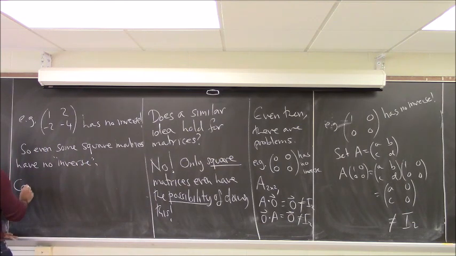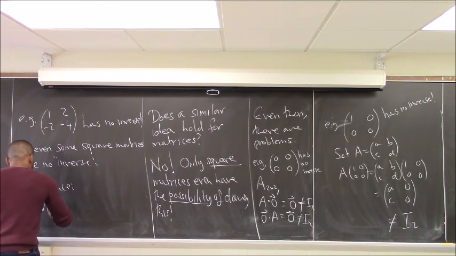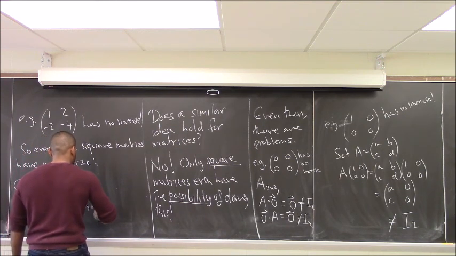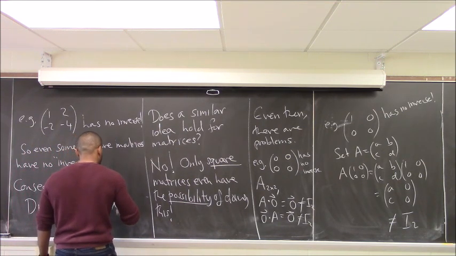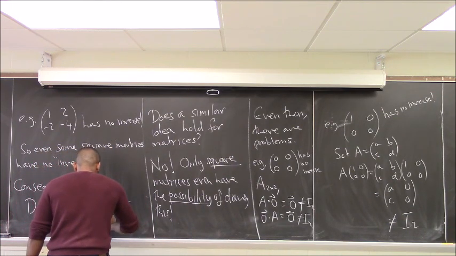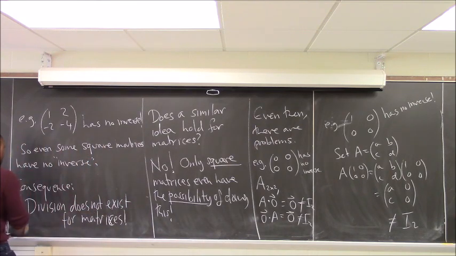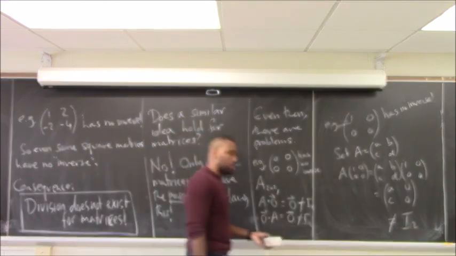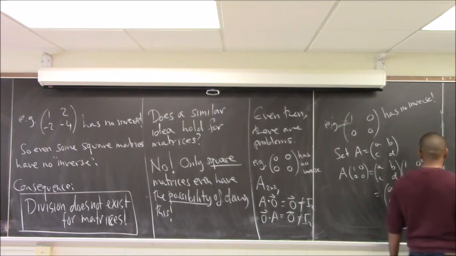And the consequence is that division does not exist for matrices. That is very important. There's a whole mathematical operation that is no longer valid for you to think about when you're talking about matrices.